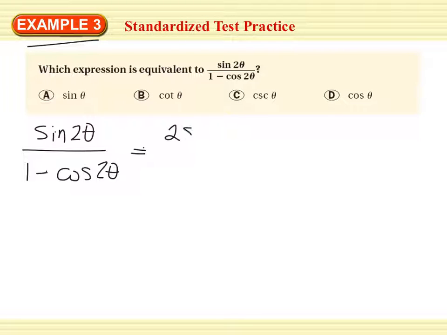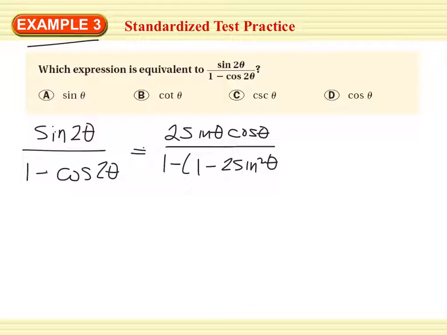We look on our charts that sine 2 theta is the same as 2 sine theta cosine theta, and cosine 2 theta is the same as 1 minus 2 sine squared theta. So this here simplifies 1 minus 1.